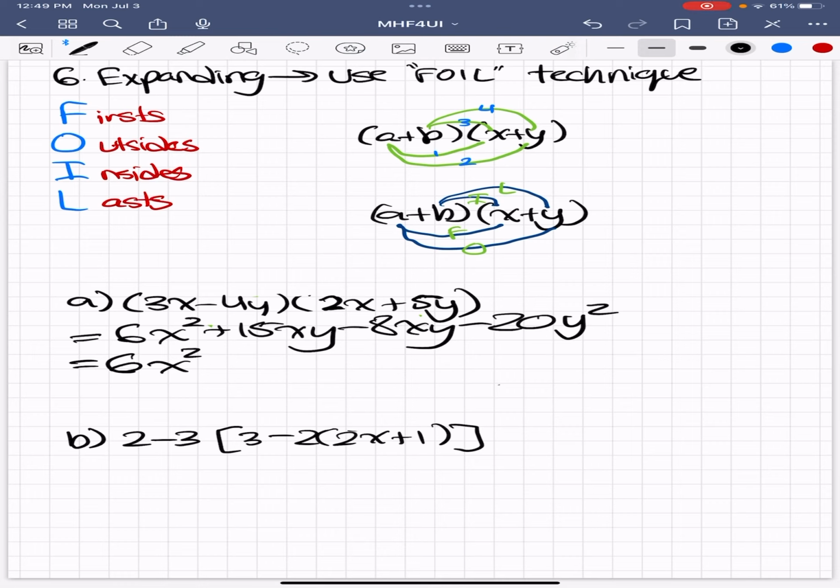Sorry, it's 6x squared plus 7xy minus 20y squared. That's the correct answer.